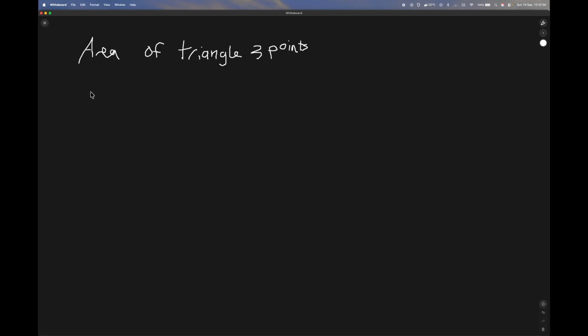Let's say our points are (1, 1), (1, 7), and let's do (7, 10).